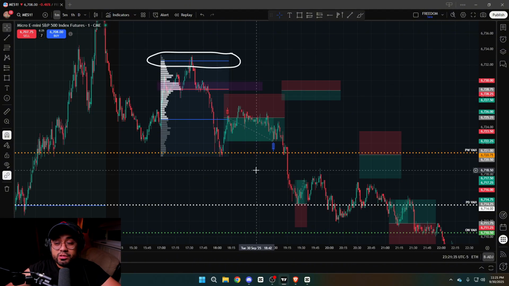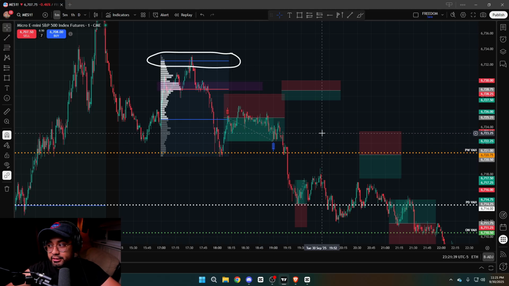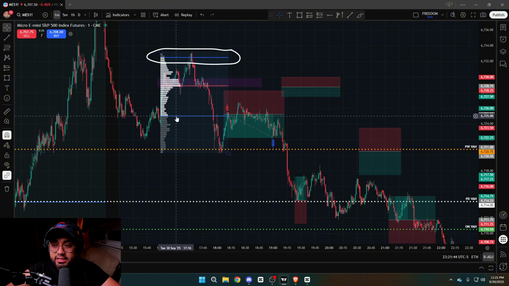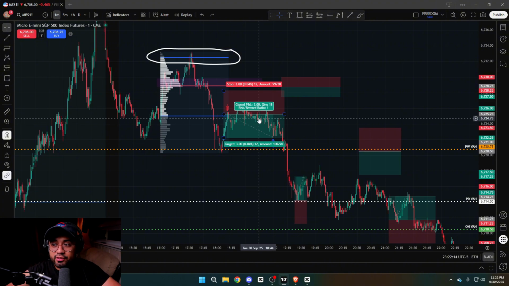Some things to note when trading are also stacking confluences, right? So when I do get a confluence, let's just say this value area low stacking on top of the previous week high, if those two levels were stacking on top of one another, I would take the trade in that direction.